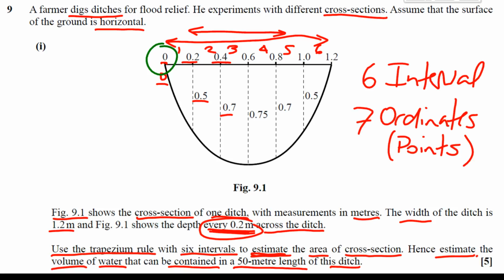Okay, so these are the numbers, just to make absolutely clear. So y0 is 0, y1 is 0.5, y2 is 0.7, y3 is 0.75, y4 is 0.7, and y5 is 0.5, and we come back to y6, and again we're going to have a 0 here, aren't we? These are our 2 values, just to make that absolutely clear.